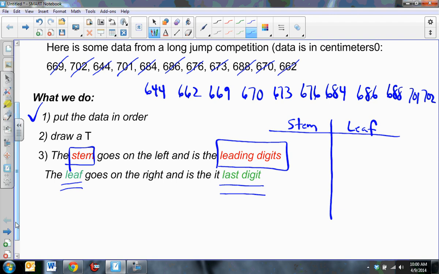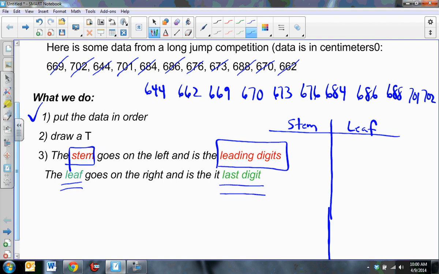The leaves are 4, 2, 9, 0, 3, 6, 7, and so on. Okay, so if the leaf is the last digit, then the stem is everything to the left of the leaf. So our stems are all 2-digit numbers here. Okay, so we're going to start off with the smallest one, which is going to be 64. Then we're going to go all the way up to 70, right?